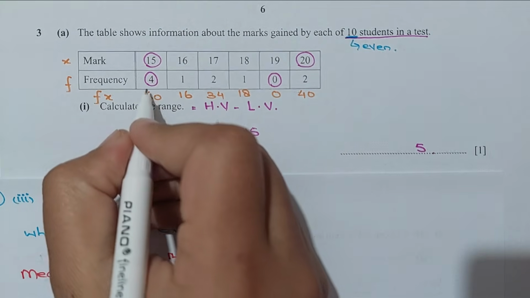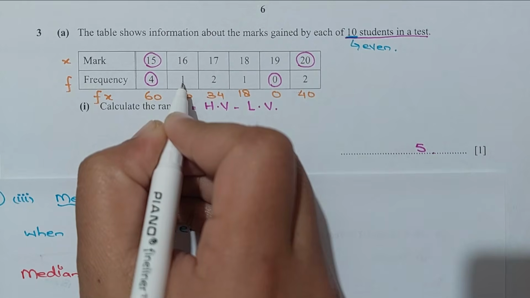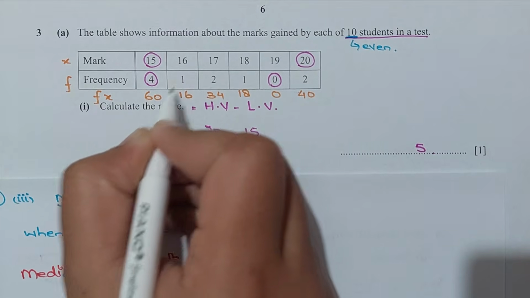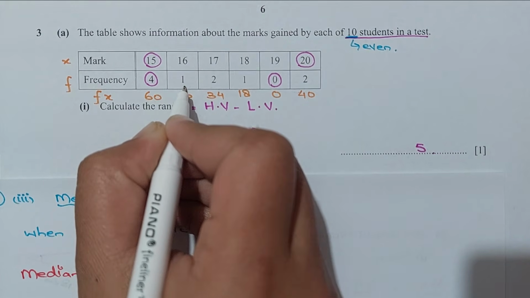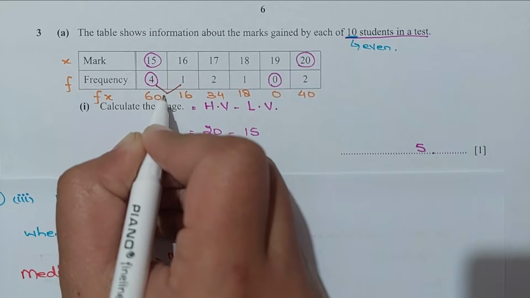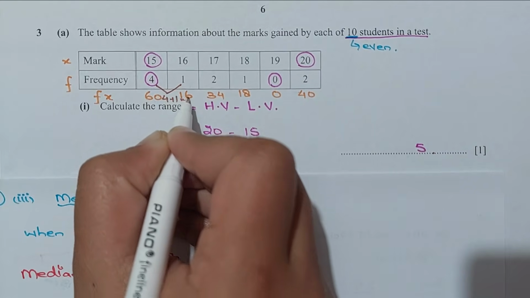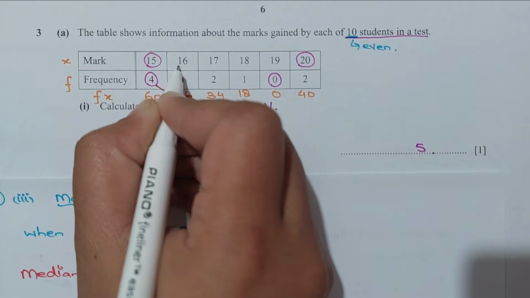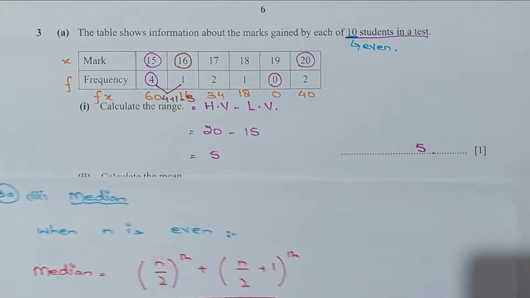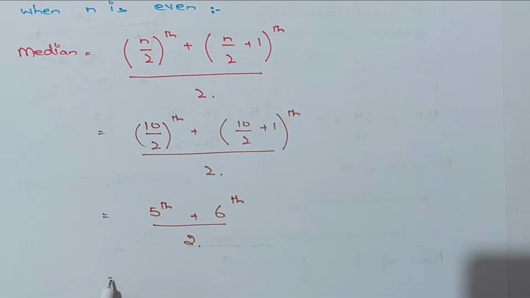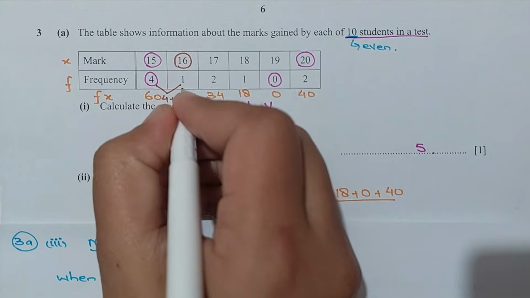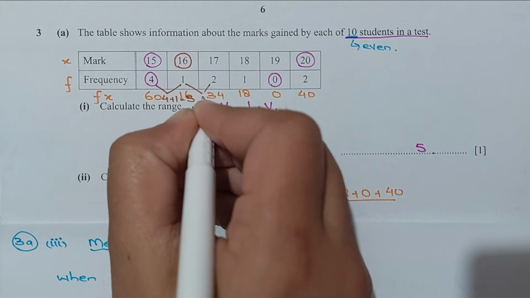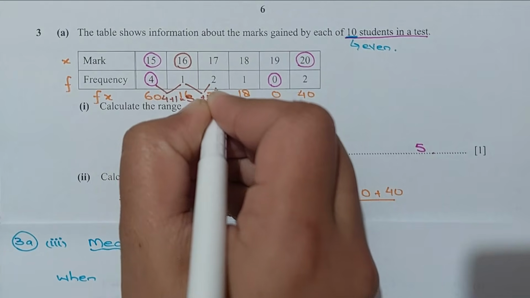So when we have fifth, 4 plus 1, this makes 5. So we have 5 at the frequency when the marks are 16. So the fifth term is 16. Plus the sixth term, when we have a number 6, the frequency is 5 plus 2, which is 7.